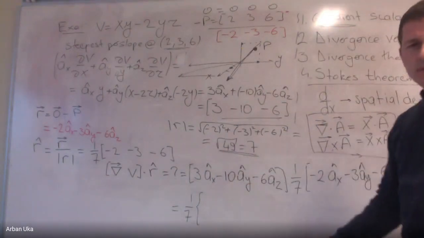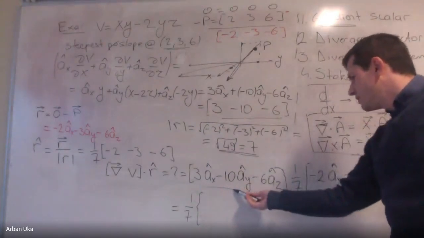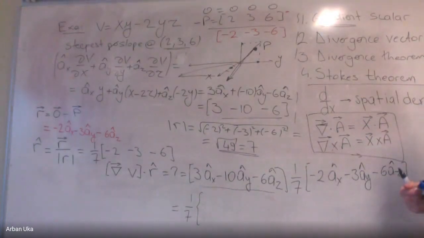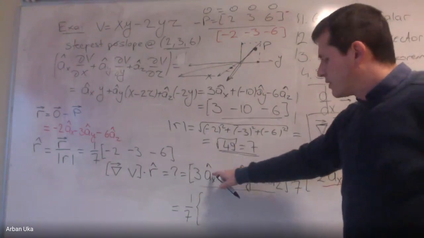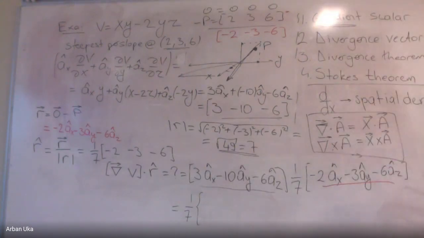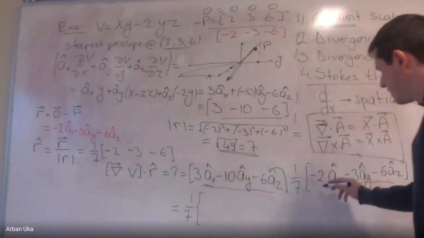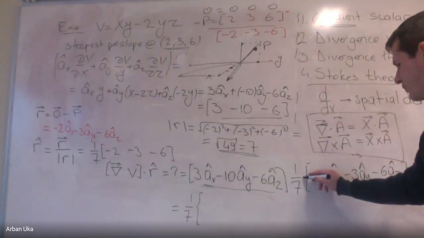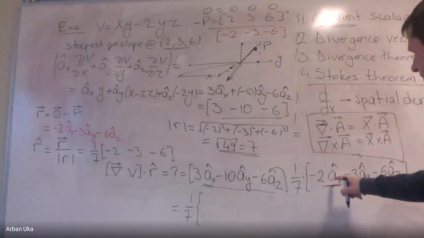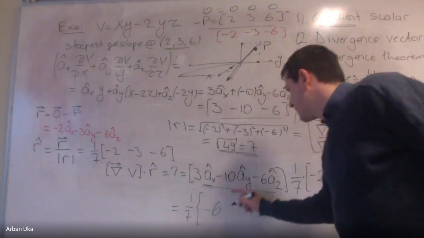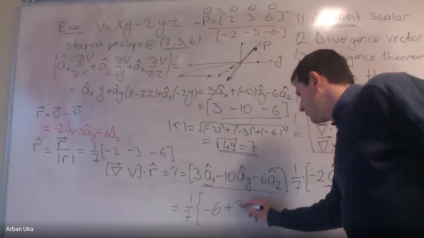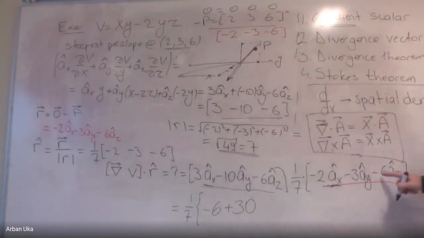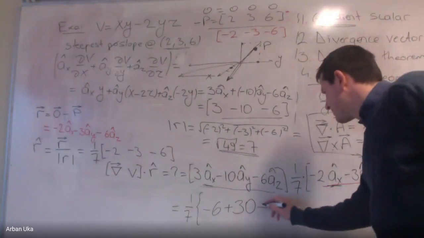So here we have the multiplication of 3 terms with another 3 terms, so in total we should get 9 terms. But all the non-zero terms, the surviving terms, will be only ax with ax, because here we have a dot product. So we have 3ax times minus 2ax, we get minus 6. Then ay with ay, we get plus 30. Minus 6az times minus 6az is plus 36.